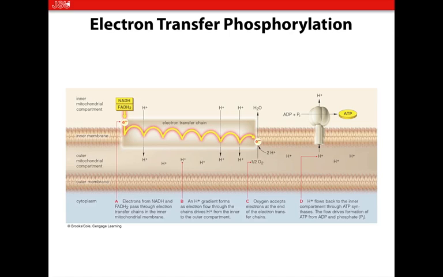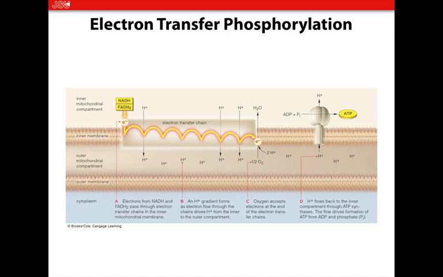Okay? Oxygen's going to come in, and it's going to grab onto those hydrogens and those electrons, and guess what it makes? Water. And that's why we have to have oxygen, because that's going to clear the system of these protons and electrons.